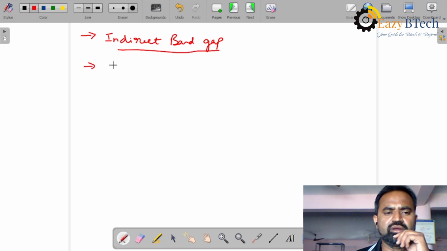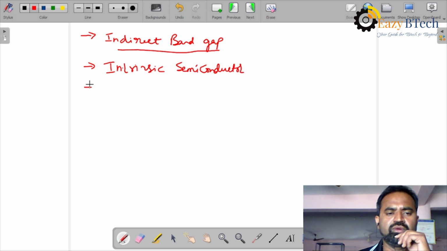There are intrinsic semiconductors and extrinsic semiconductors.